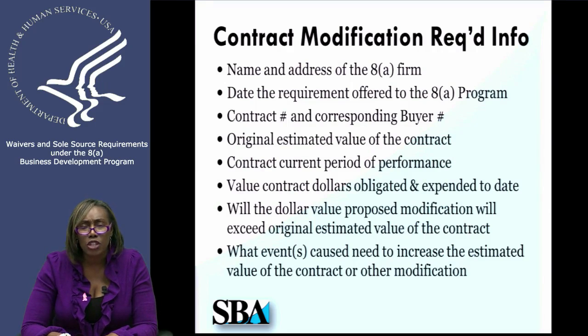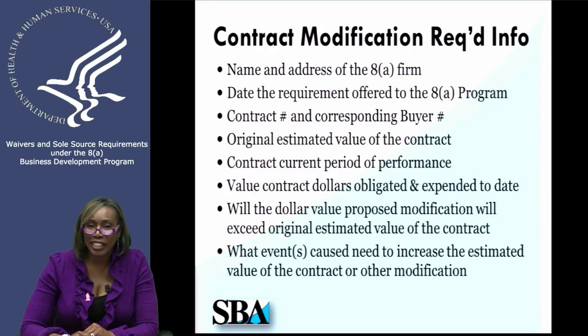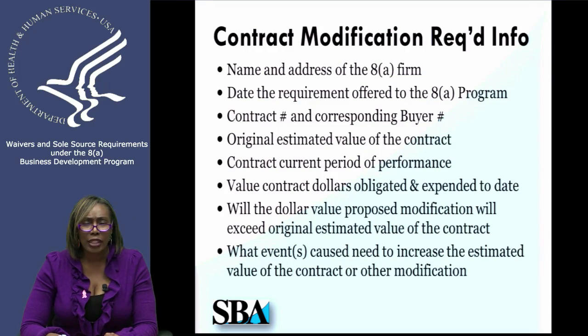Well, SBA will consider that. We are there to support the community and help you get to your mission. However, we need to ensure that we can work within parameters that we all can live with. So we need to know what was the original amount versus how much are you asking for, and is it reasonable for this requirement, even if you want to extend the period of performance?